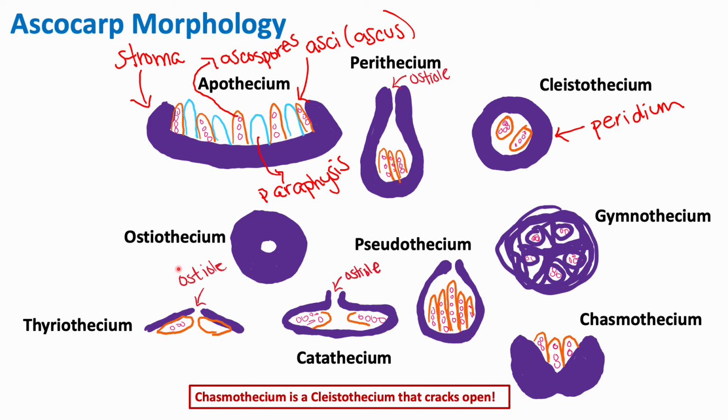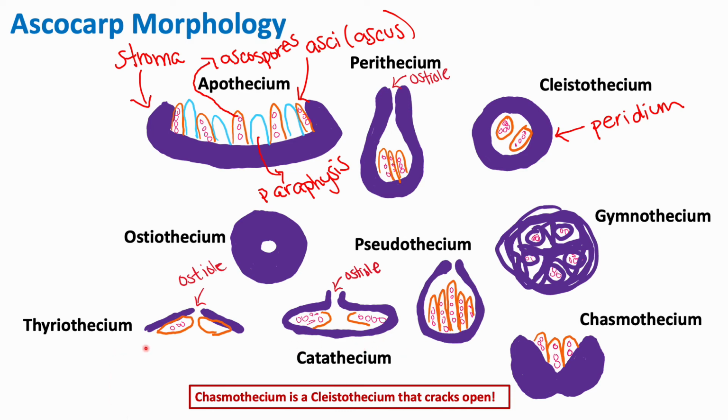And then next we have the ostiolate type, the osteothecium. Within the osteothecium, it essentially just means that we have a single opening at the top and everything else is completely enclosed by the stroma. And within the osteothecium, we have two subcategories: the thyriothecium and the catathecium. The only difference between the two is whether stroma exists on the bottom.